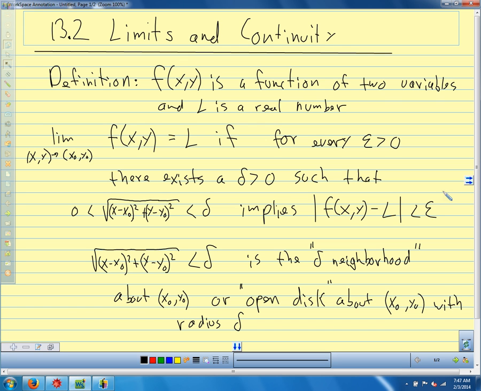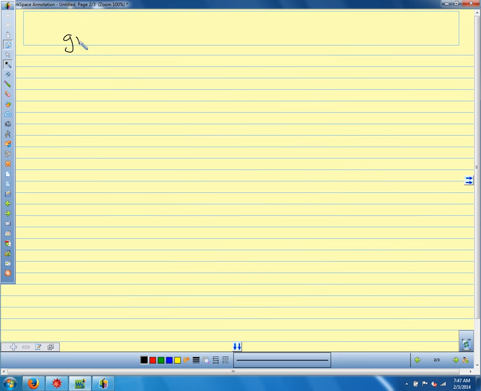So let's draw a picture of what this means graphically. So our delta neighborhood or our open disk. Here's our xy plane, and what we're talking about in the xy plane is we have some specific value.